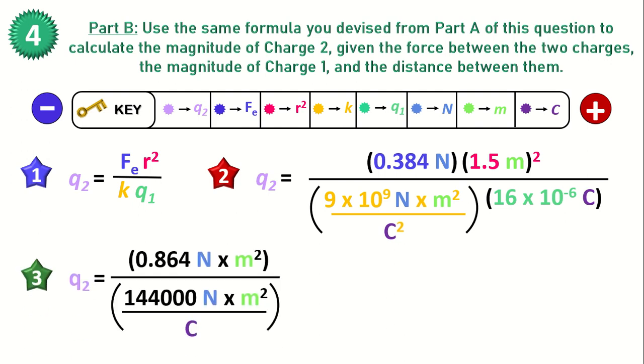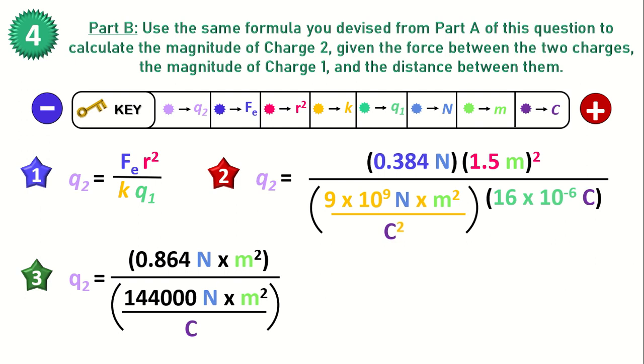Alright, if we were to do a little simplification back in step 2, let's see. We have a unit of Coulomb in the numerator and a unit of Coulomb squared in the denominator. Using our rules of exponents, Coulomb divided by Coulomb squared is the same as Coulomb raised to the 1 minus 2 power.